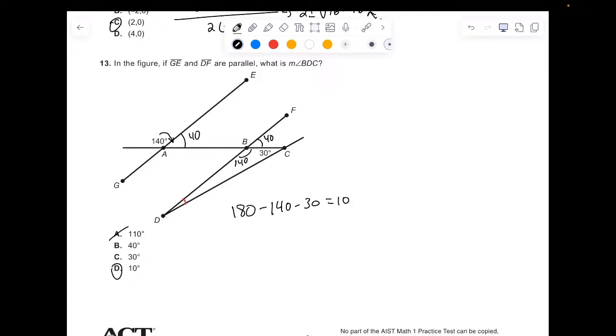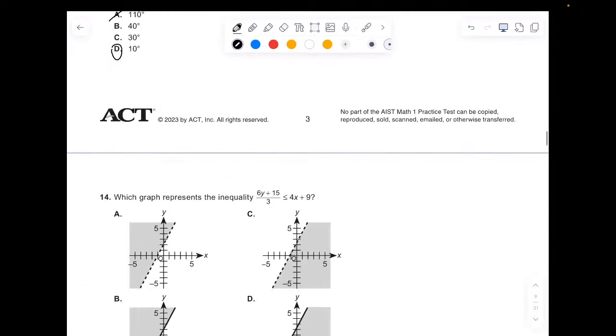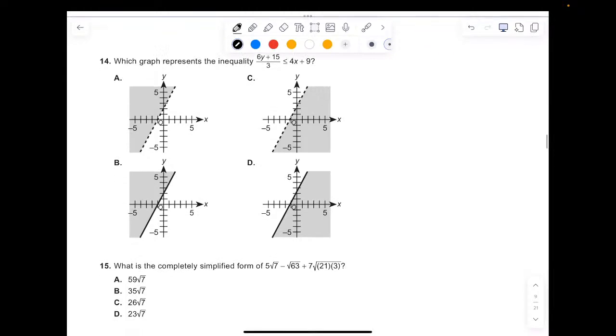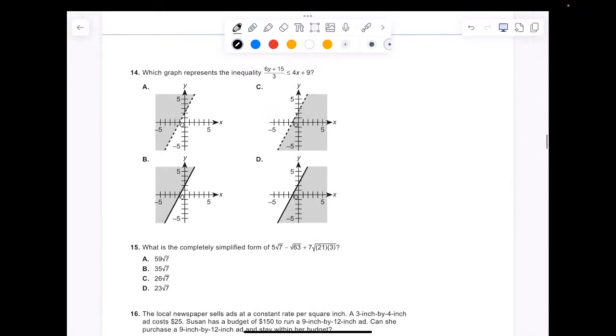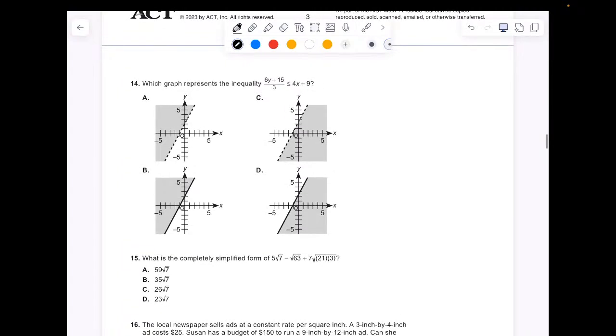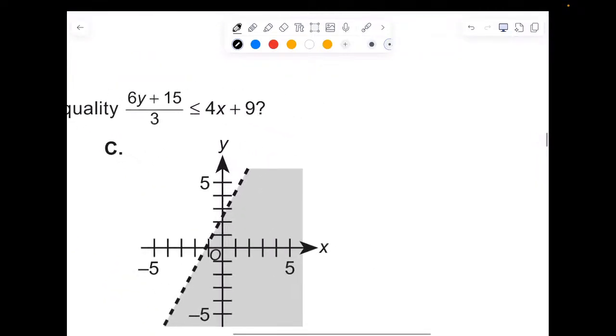So 10. Which graph represents the inequality? Oh my. So let's get this into a slope, or into just a regular line.